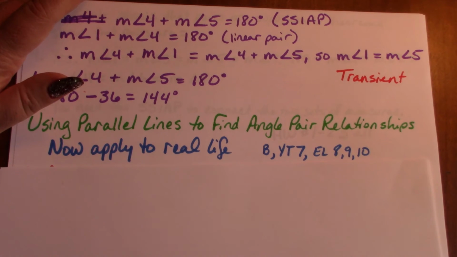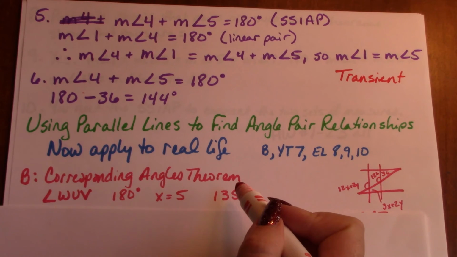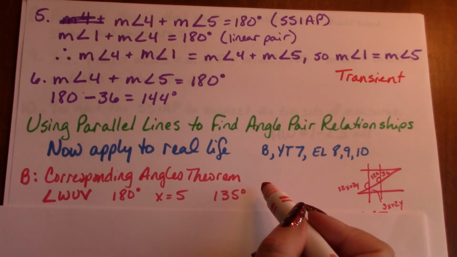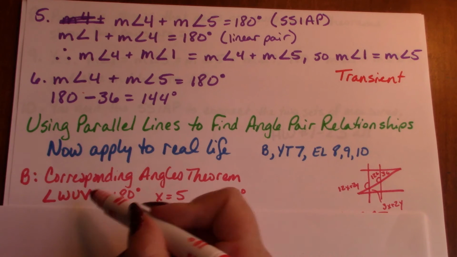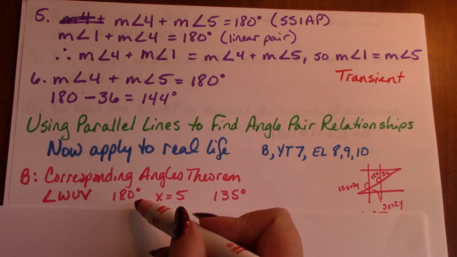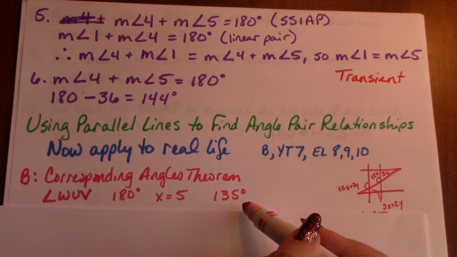So I'd like you to look at B, at your turn 7, and then at elaborate 8, 9, and 10. With B, it's the corresponding angles theorem, and we're going to stick in angle WUV there, and 180, and x equals 5, which means that the final answer is 135 degrees.